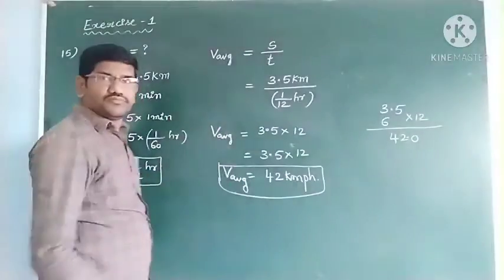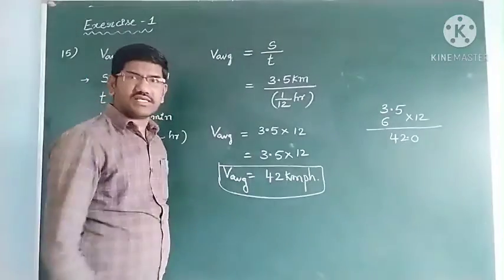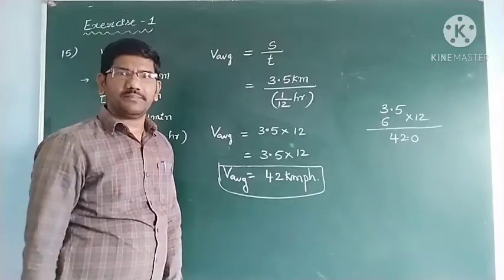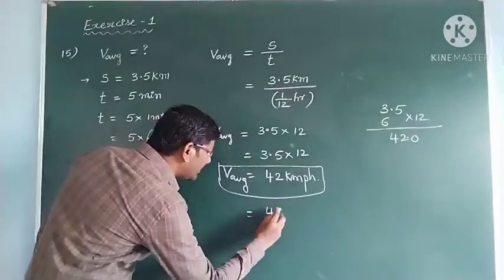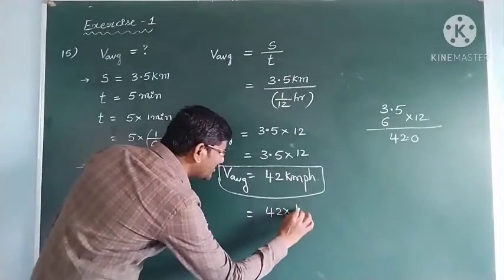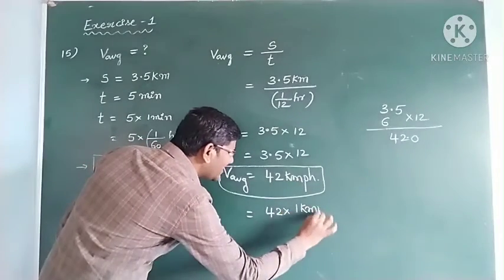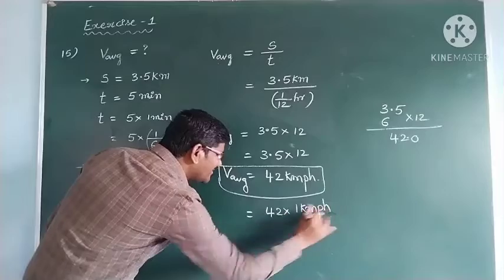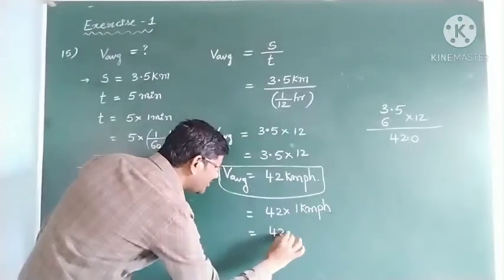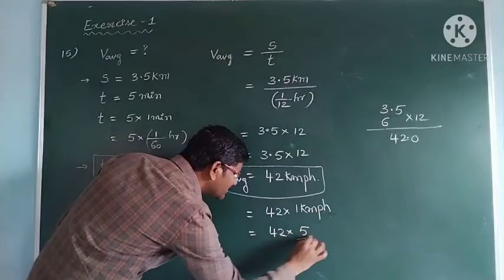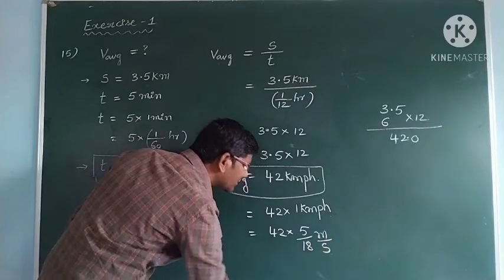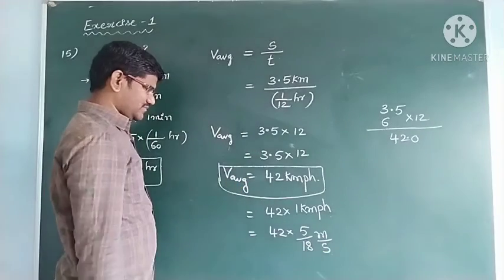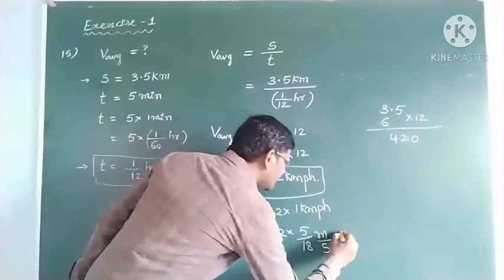And if the options are in meter per second, you convert this kilometer per hour into meter per second. So see, we are writing 42 into 1 kmph. Then 42 into 1 kilometer per hour is 5 by 18 meters per second.